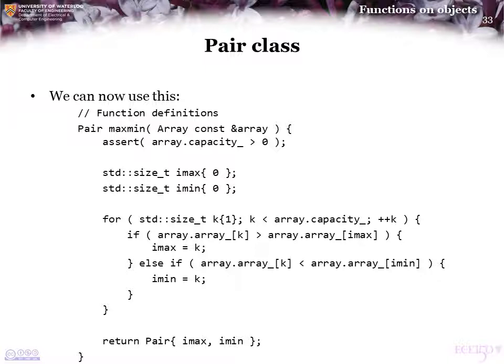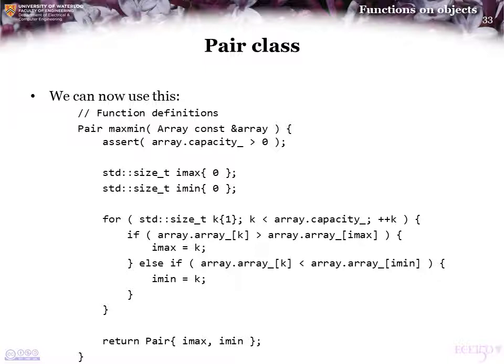So here, first we assert that the capacity of the array is greater than 0. And then we assume that the largest and the smallest element is at index 0. Then we go through the array starting at the next entry, index equal to 1, and we check if that entry is greater than what is currently stored at the index imax.